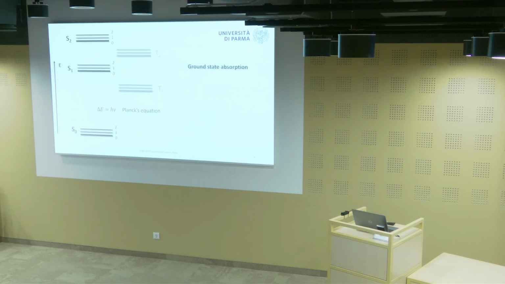By shining a photon, it can be absorbed by a molecule only if it meets the Planck's equation selection rule, which tells you that unless the photon has the right energy, according to this equation, there's no transition. However, keep in mind that this selection rule doesn't tell you the probability. It only tells you that it can or cannot occur.